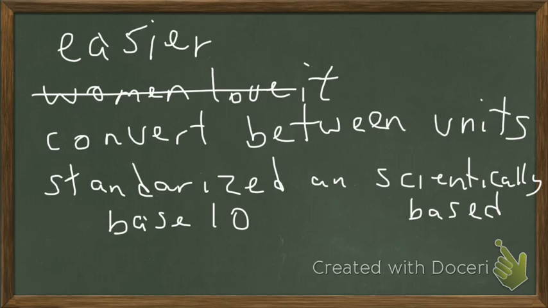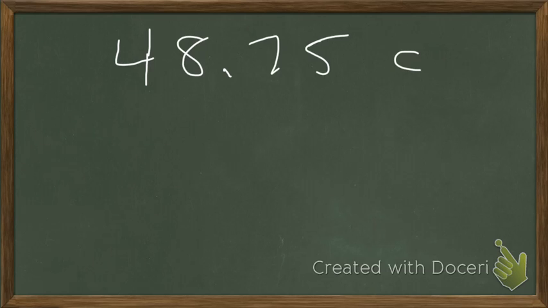Got it. Okay. And when you do base 10, it makes it easy. If I have 48.75 centimeters and I want to convert it to meters, I'm going to bring down the numbers.